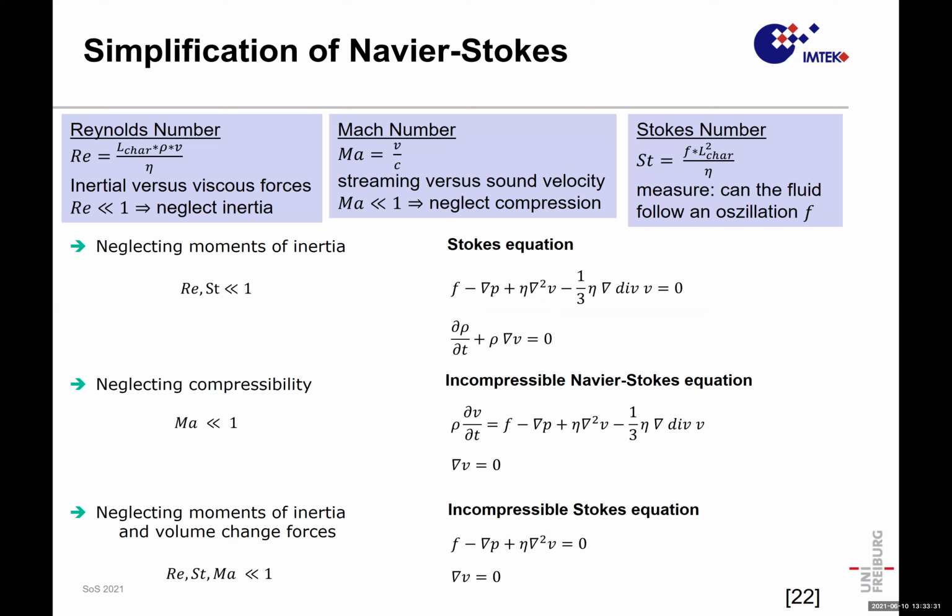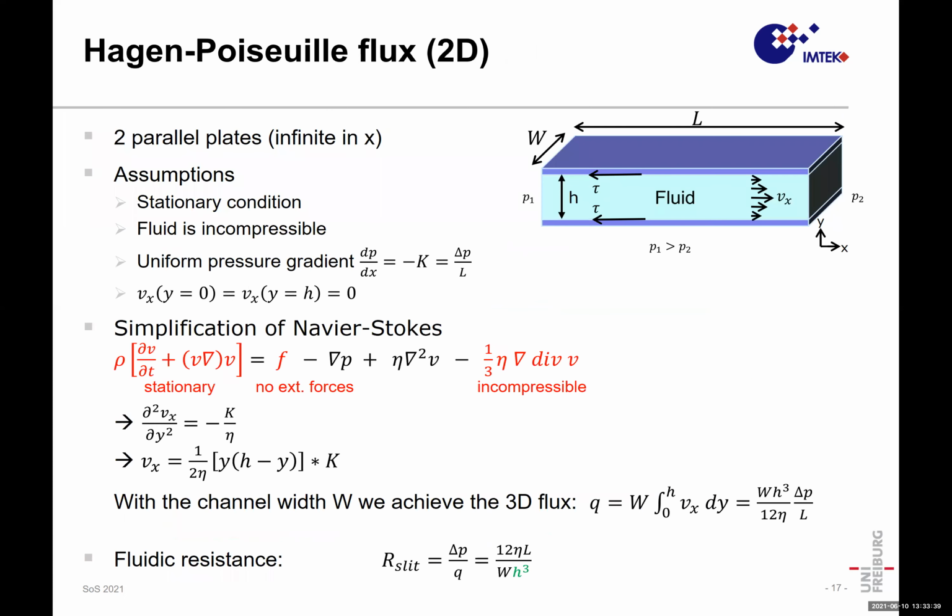The special cases are with respect to the situation in a microphone or in the speaker or whatever acoustic device we have. And one very straight example is flow through a channel, a lateral flow between two plates of a certain area and a given height.